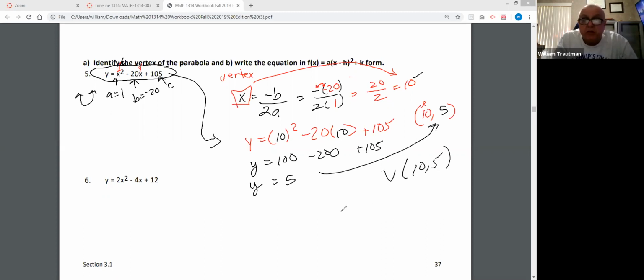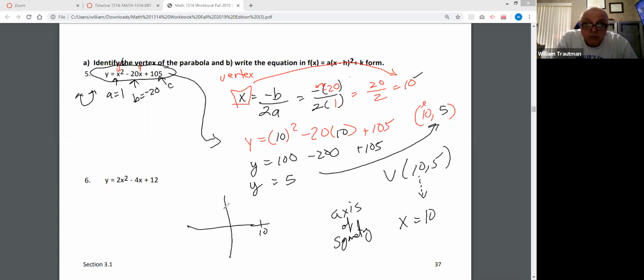And don't forget, it's also going to ask you about the axis of symmetry. Remember, axis of symmetry always starts with x equals, and it's always whatever the x value is. If I were going to graph this, I would have a vertex at 10, 5.